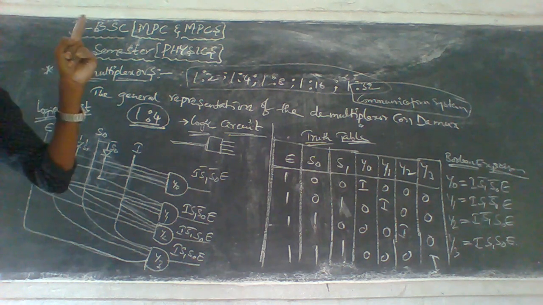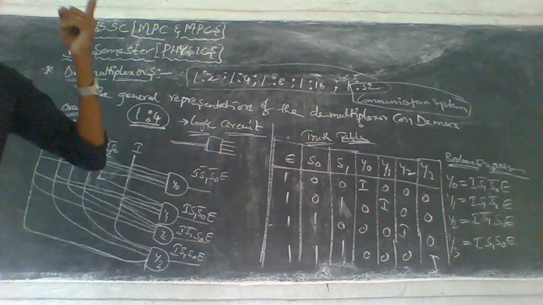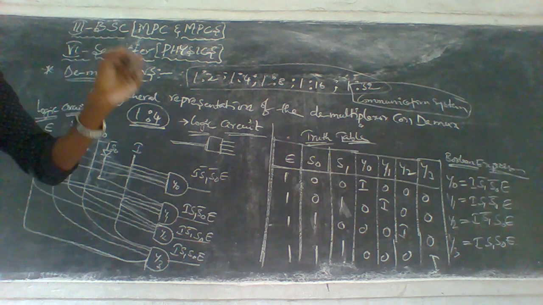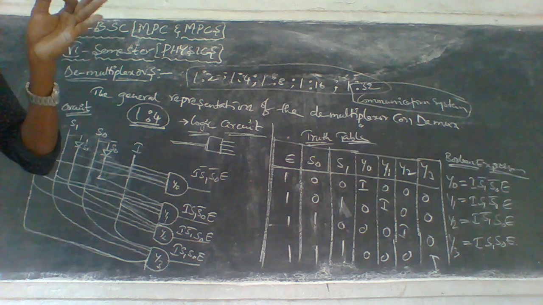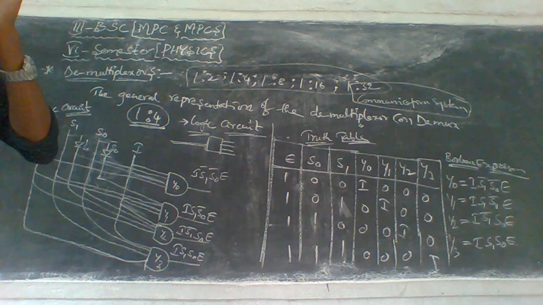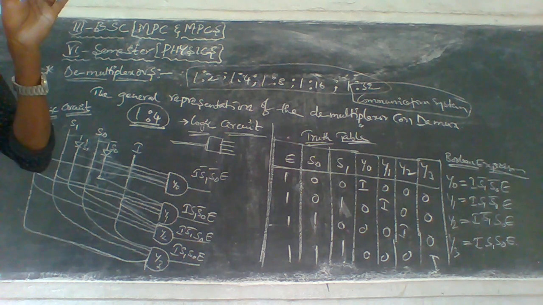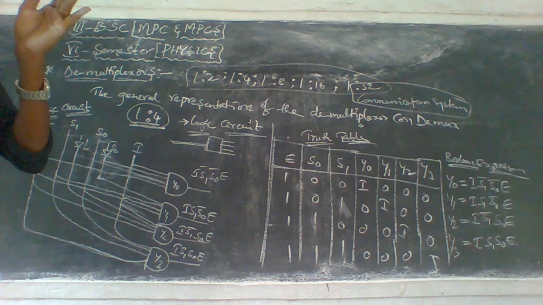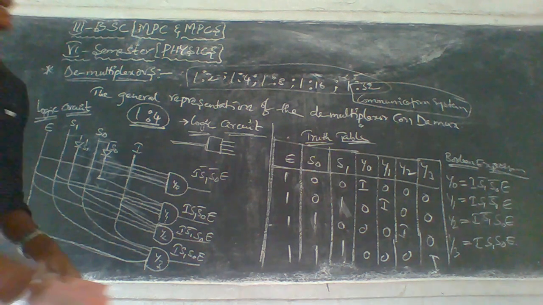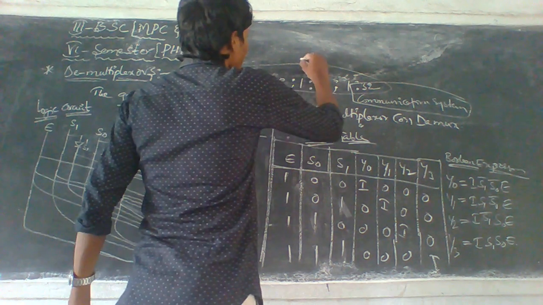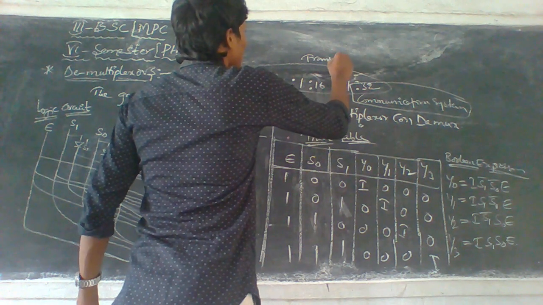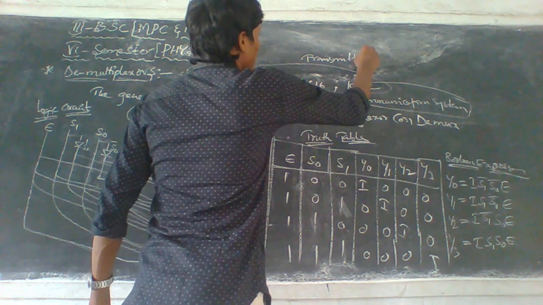Most of the communication systems are bidirectional. It means they function in both ways, transmitting and receiving signals.